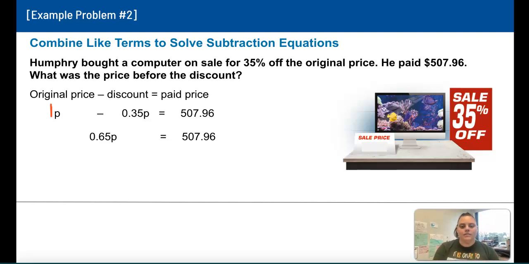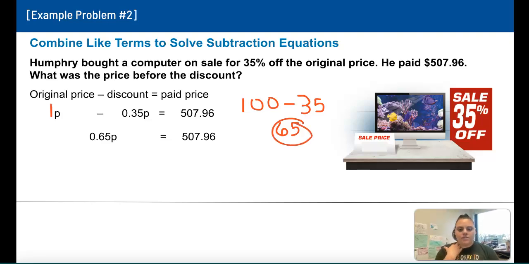This is like saying 100% minus the discount of 35% is 65%. So this is how much we pay, 65%.